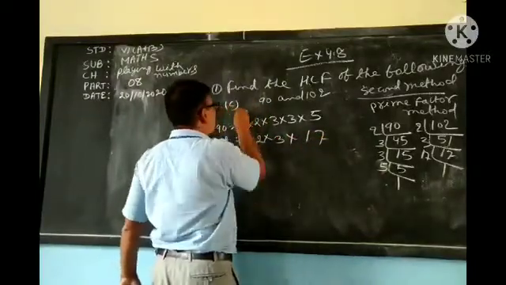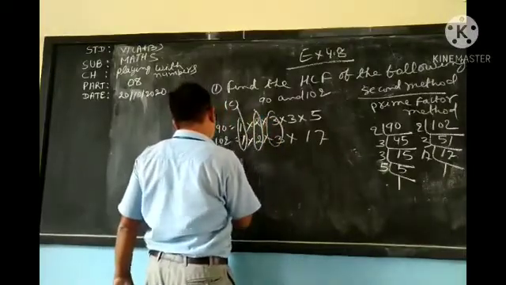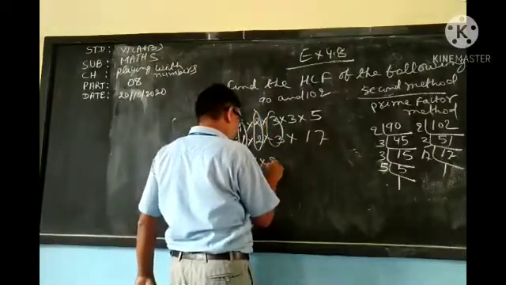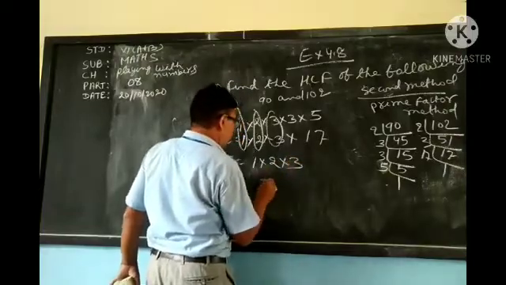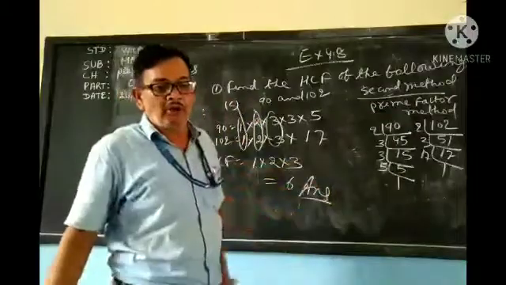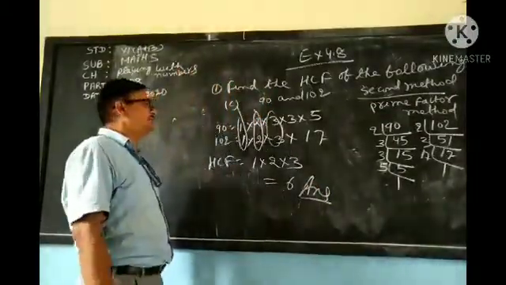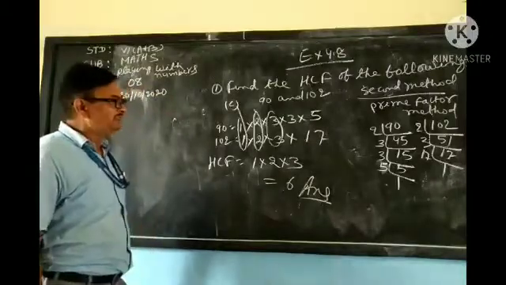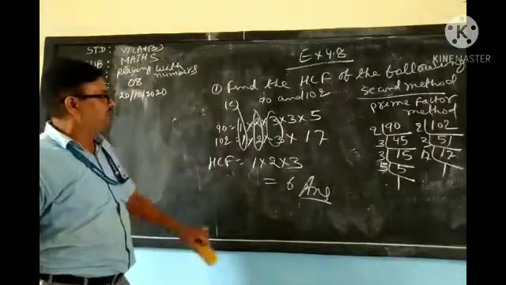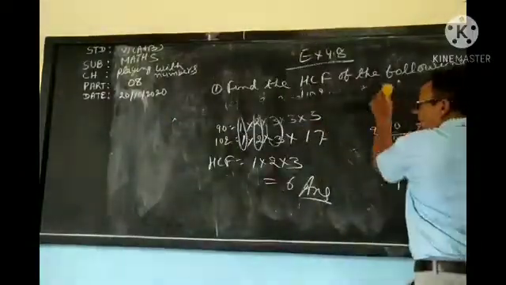Which are common? 1, 2 and 3. HCF, which is common: 1 into 2 into 3, that is equal to 6. It is clear. Whether you use the division method or the prime factor method, the answer will come the same. So one, my dear students, I have done.